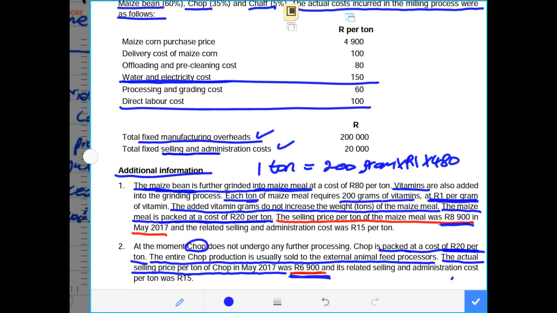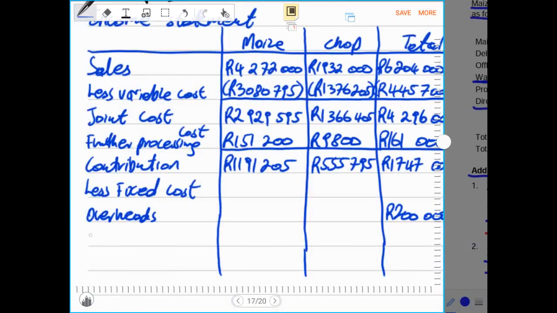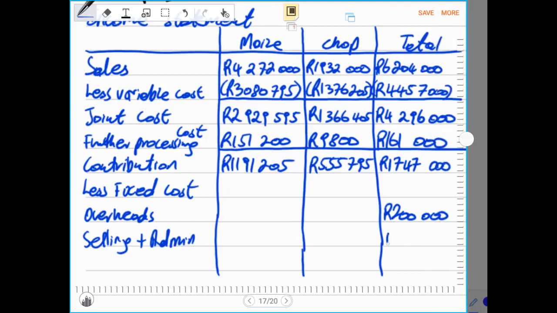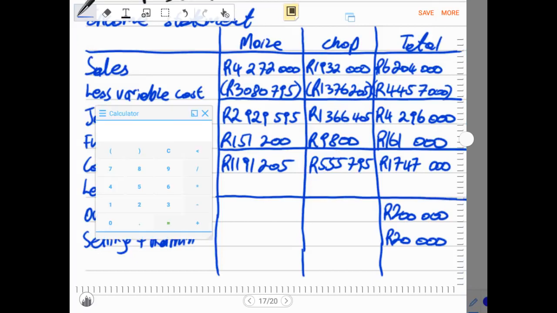Then we have selling and administration costs that are fixed, 20,000. So our total fixed cost will be 200,000 plus 20,000.